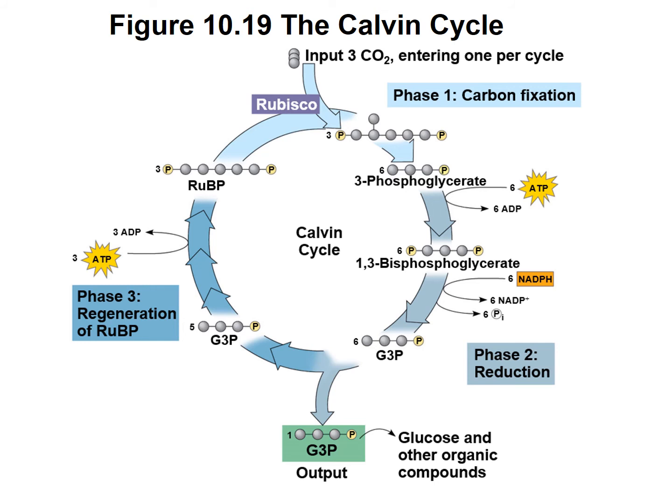So 9 ATP are used during the Calvin cycle. In the little orange box on the right-hand side, you see NADPH. 6 NADPH is going to be used during the Calvin cycle. So the Calvin cycle consumes 9 ATP and 6 NADPH. These came from those light reactions we just went over. And we're going to produce 1 G3P.